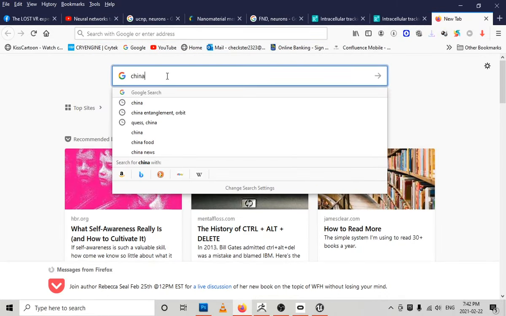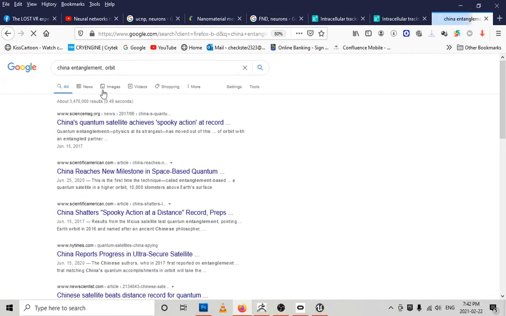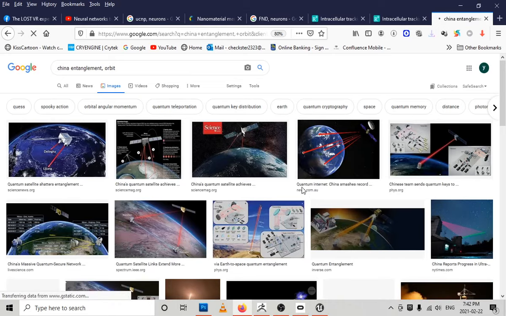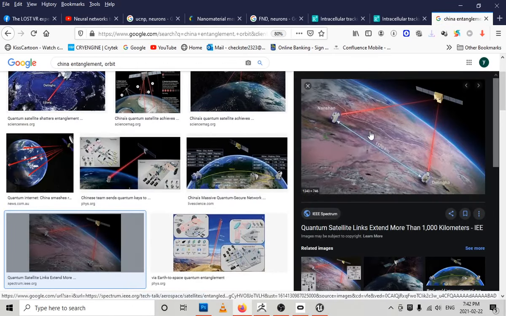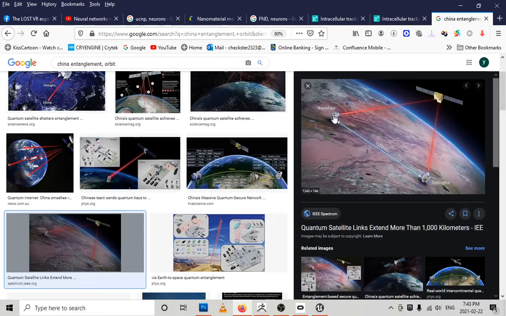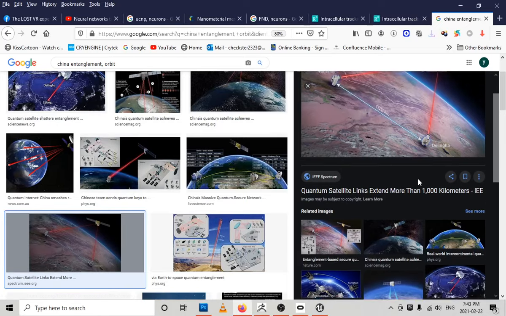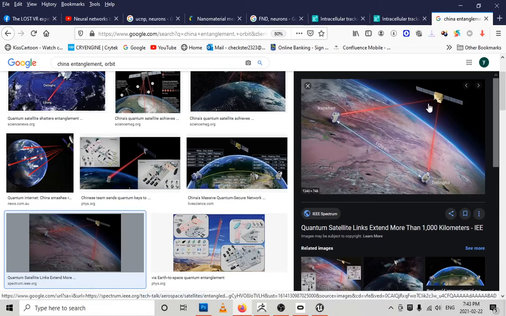And you can see a lot of that through China and entanglement and what they're doing with their satellite systems and the way they can create entanglement between distant nitrogen vacancies. And that's what they're using in all these experiments when they extend entanglement more than 1,000 kilometers. If you look into the details of all these experiments, you're going to find out that every one of them involves the use of nitrogen vacancies as the storage medium, and that they're using photons to entangle distant nitrogen vacancies.